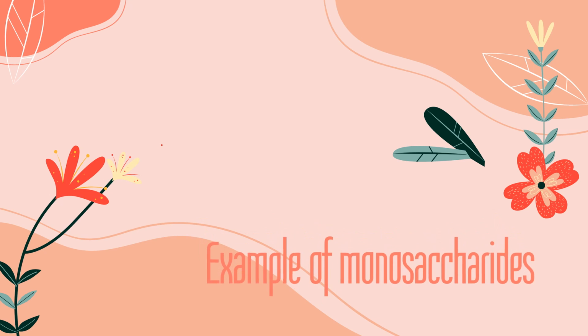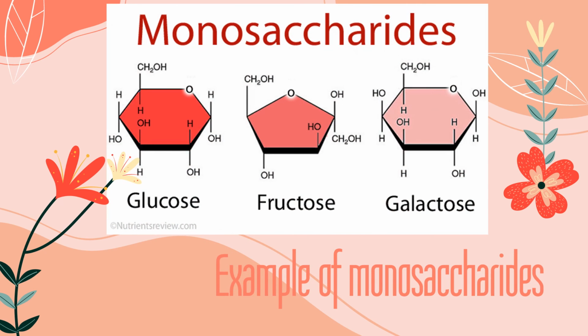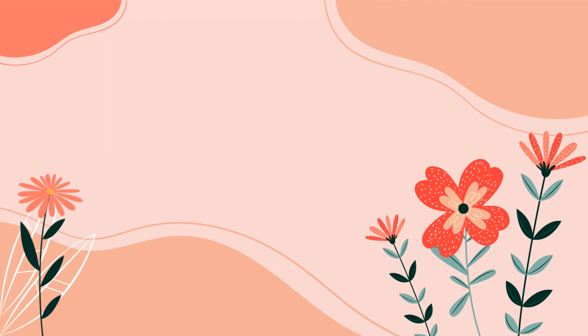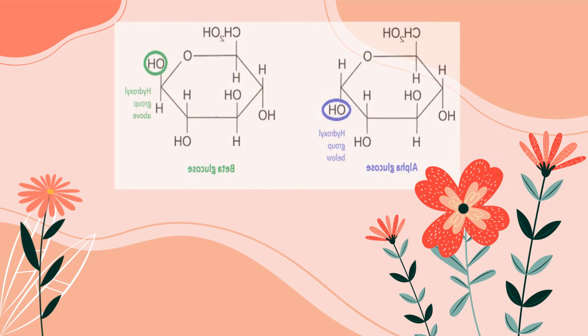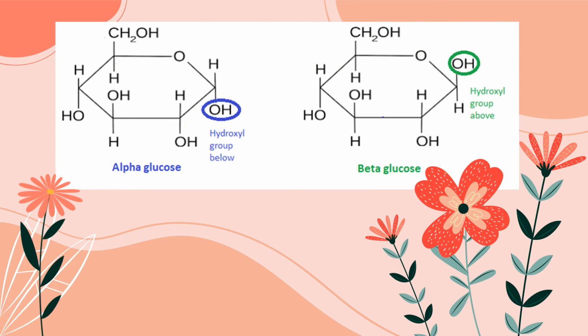Okay, next, examples of monosaccharides. We can see here, this is glucose, fructose, and galactose. Here is the diagram of glucose. The left one with the blue color is alpha glucose, and the right one with the green color is beta glucose.